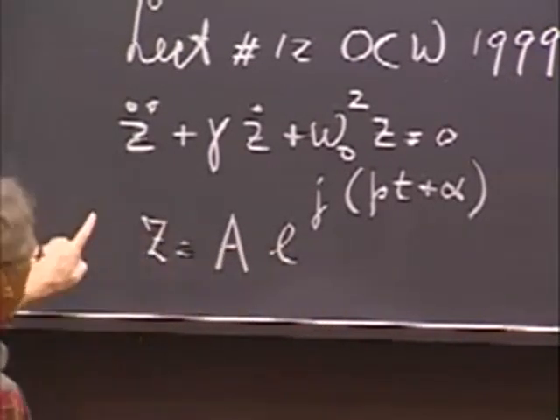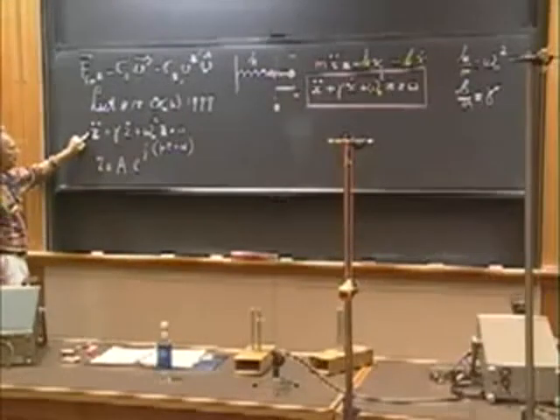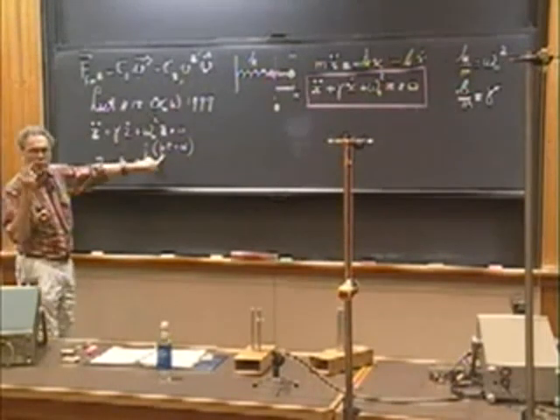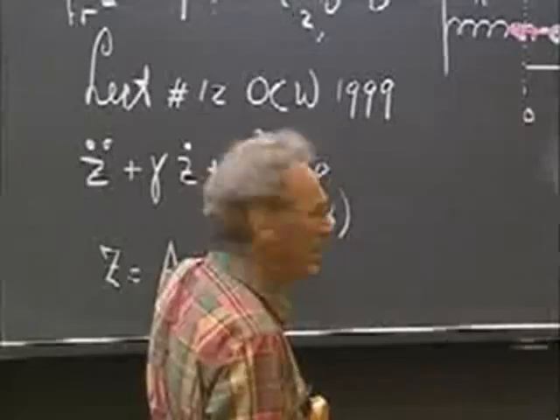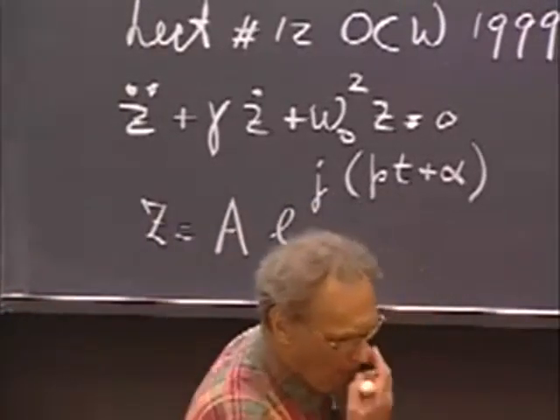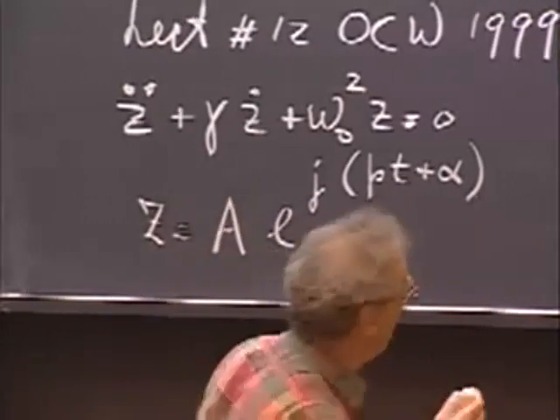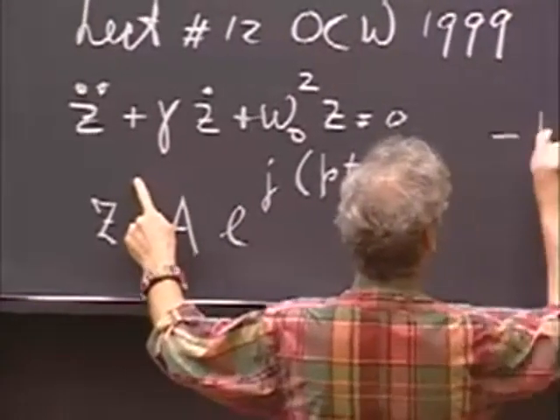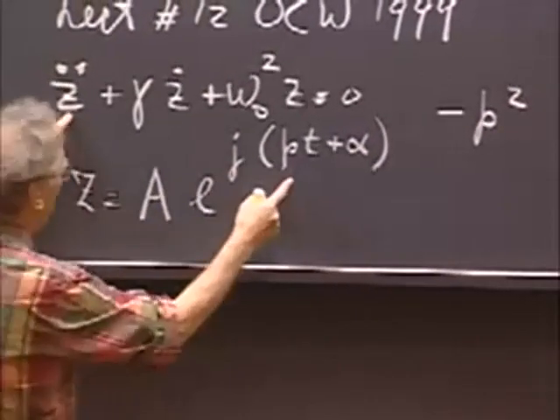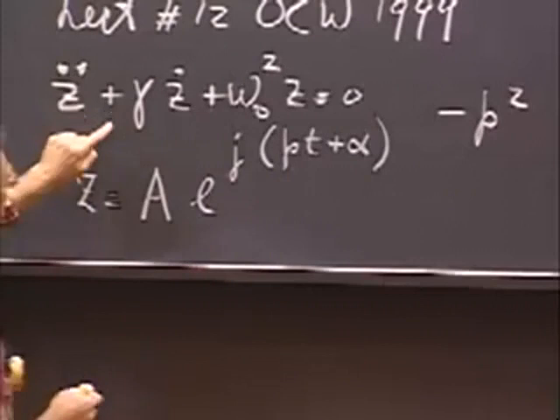I'm going to take the second derivative of this equation. So out comes jp twice, so that is j squared times p squared, and so I'm going to see now minus p squared. That is the second derivative of this function, and the z comes later.